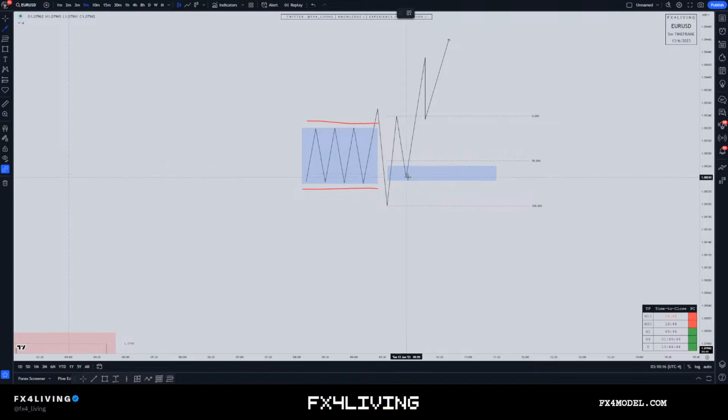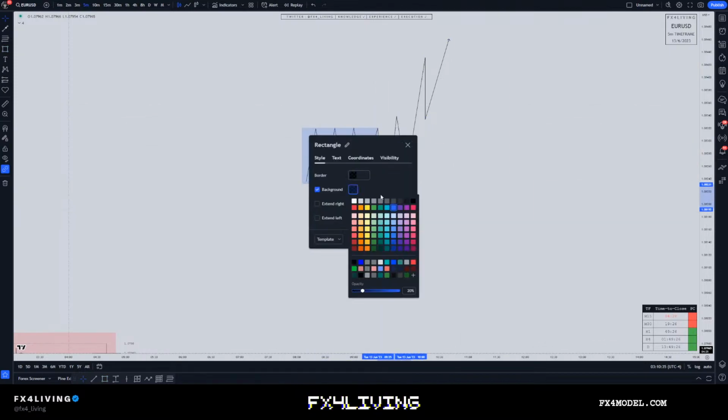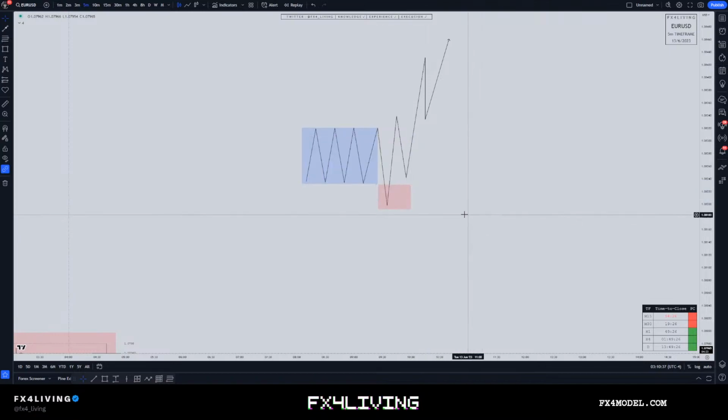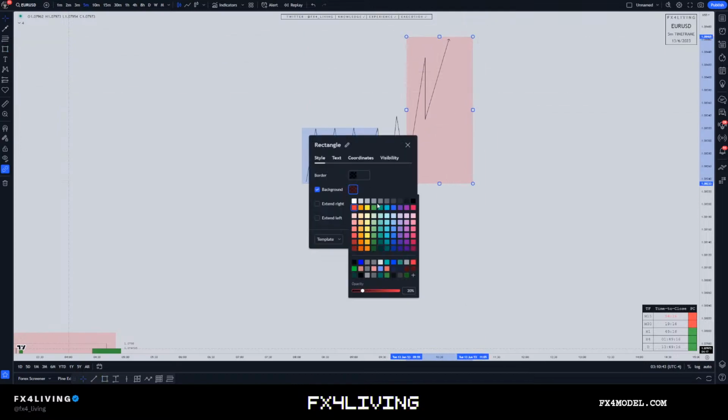And eventually the price is going to go up and just expand. So this is your manipulation. Manipulation is always red. And this is technically your distribution, the expansion.